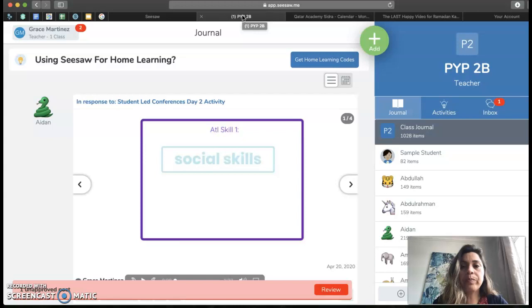And so the idea I had for you today was to reflect on and to explain the expectations for the student-led conferences, and especially the day 2 activity that I posted on Seesaw today. I'm really happy to see that some of you yesterday posted your reflection and you already chose your ATLs and your learner profile.